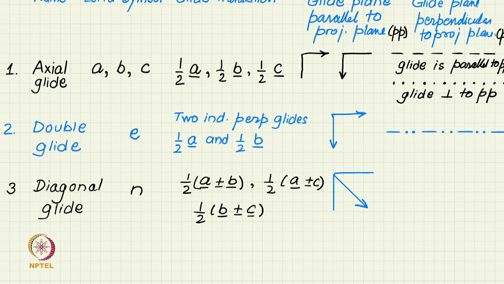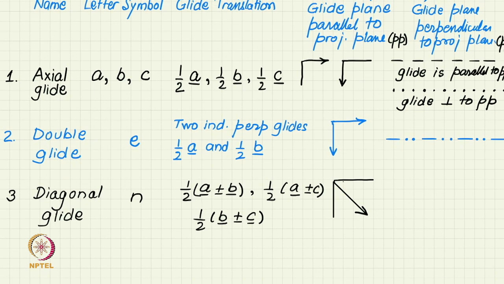If the diagonal glide plane is perpendicular to the projection plane, then we show it by a dash-dot line, single dot. So dash with single dot is diagonal glide, dash with double dot is double glide. So easy to remember.